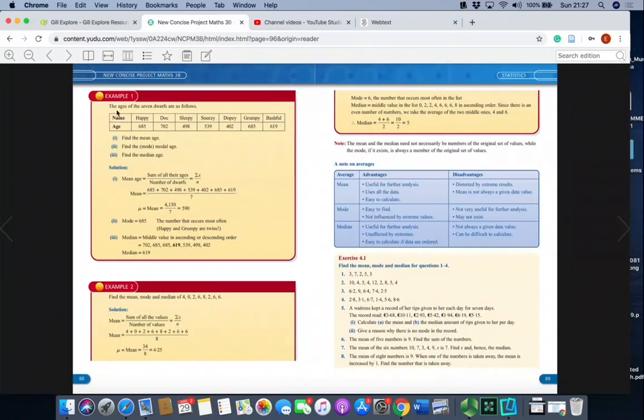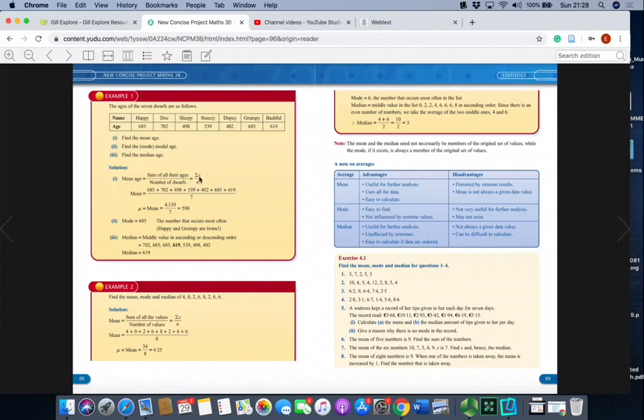Okay, so the easiest way to see these is with an example. Example 1. The ages of the 7 dwarves are as follows. Happy is 685, Doc 702, Sleepy 498, Sneezy 539, Dopey 402, Grumpy 685, Bashful 619. The first question says find the mean age. So what that means is add up all of those 7 numbers and divide by 7.